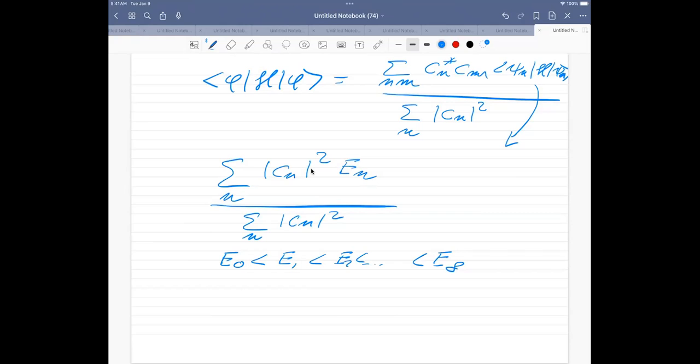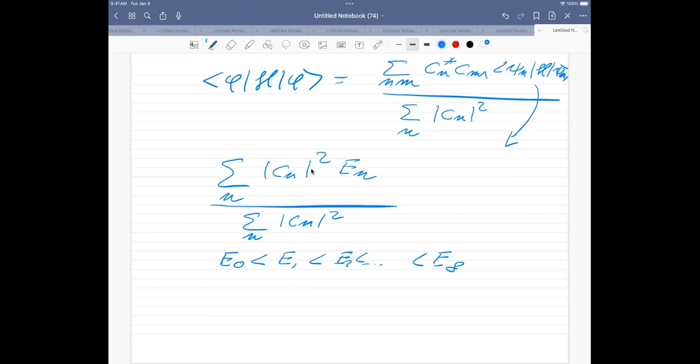So if I obviously have the exact wave function, and if that corresponds to psi 0, then all the other terms disappear. And then I'm simply left with C0 squared times E0, and C0 is equal to 1, C0 squared.